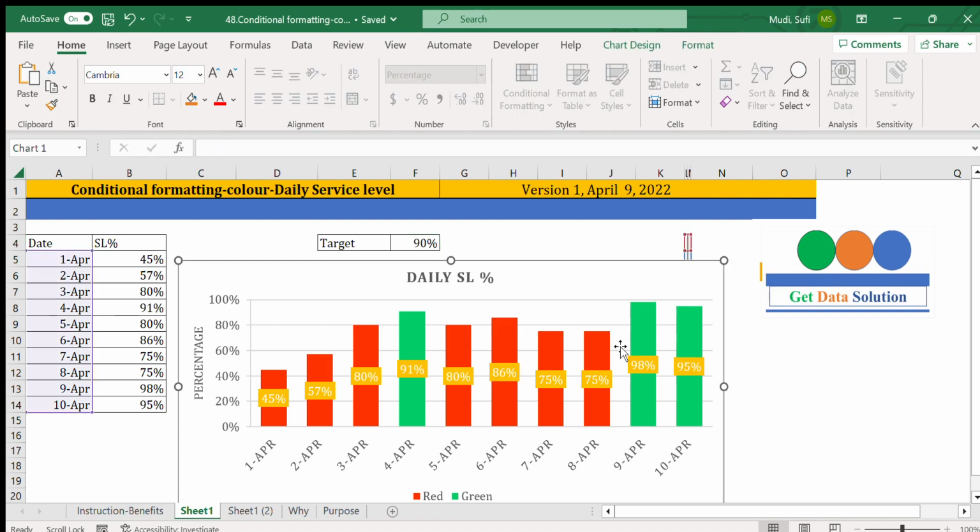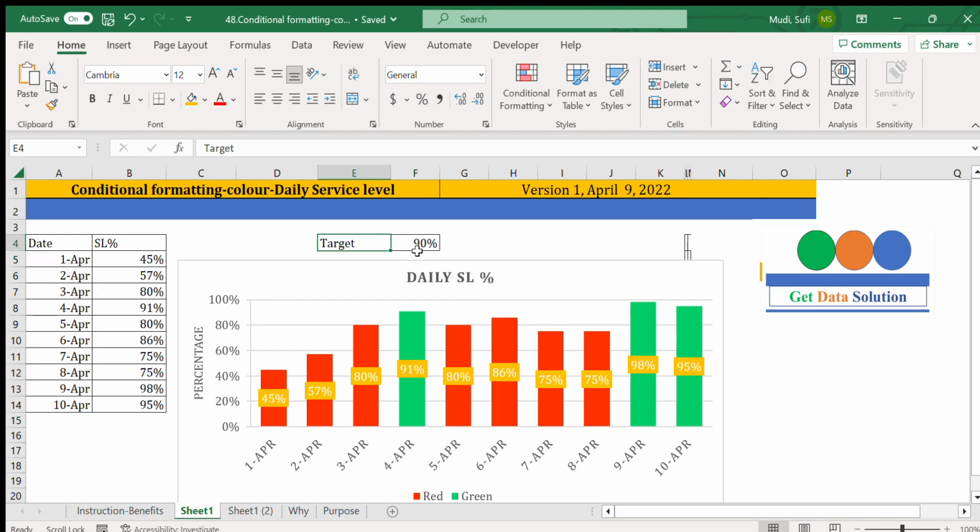the graph shows the daily service level by percentage and compares against the target, and the green color shows where the service level percentage is greater than the target. It will show green, and if it is red it shows the service level is below the target.